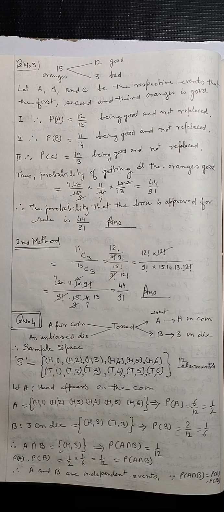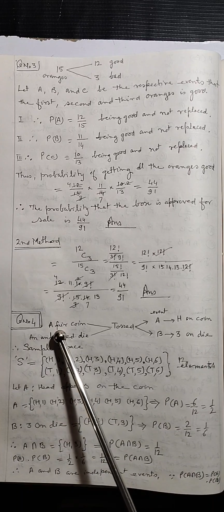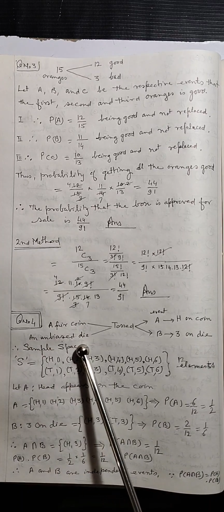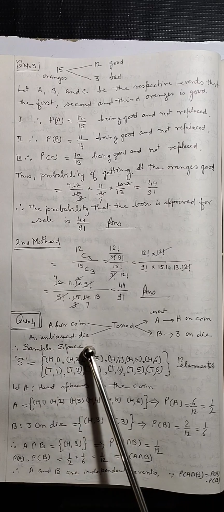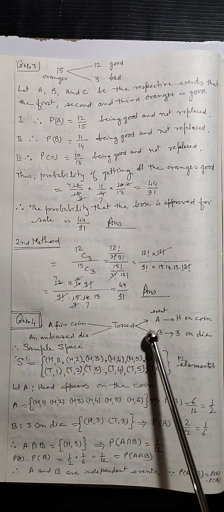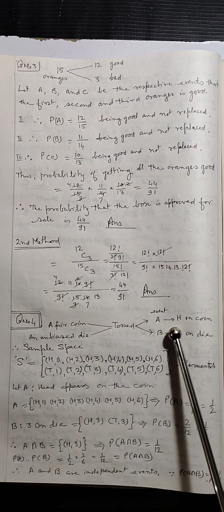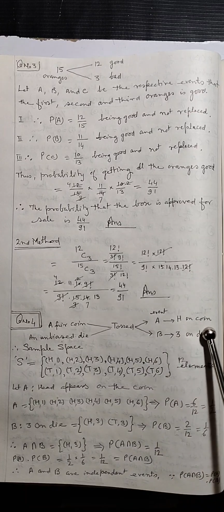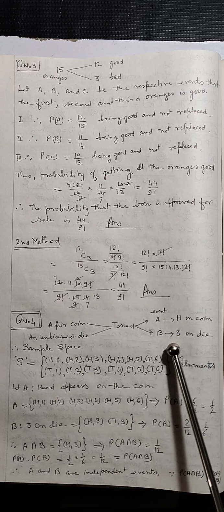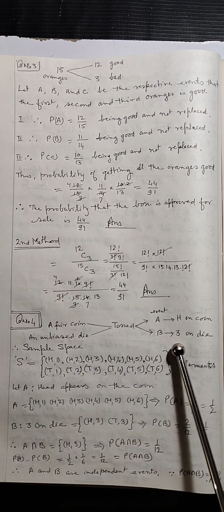Check whether A and B are independent events or not. अब देखिए, एक फेयर कॉइन है और एक है अनबियास्ड डाई. बोथ आर टॉस्ड. अब इवेंट ए में क्या बता रहा है? हेड ऑन कॉइन. हेड कम्स ऑन कॉइन एंड 3. बी इवेंट क्या है? 3 ऑन डाई.